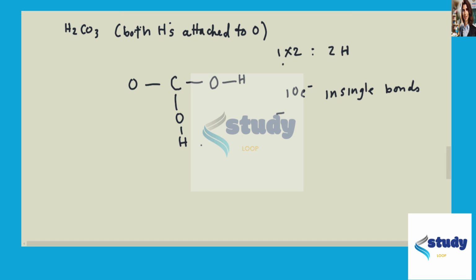Then we have 4 for the carbon. And then we have 6 times 3, so 18 for the oxygens. We add those: 2 plus 4 plus 18 gives us a total of 24 valence electrons. We already have 10 accounted for, so we subtract and see that we have 14 left in lone pairs.